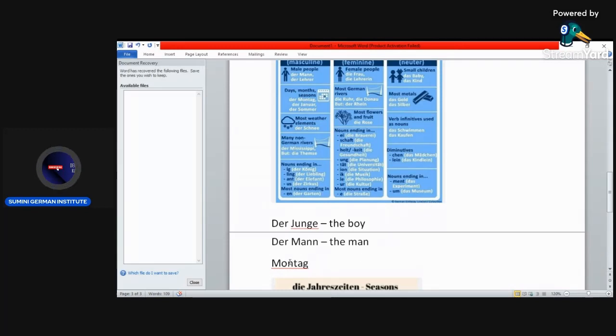So if you want to say the Monday, you say der Montag, because days of the week are all masculine. They are der Montag, der Dienstag, der Donnerstag, der Mittwoch, der Freitag. All days of the week, Monday to Sunday, are masculine in German.